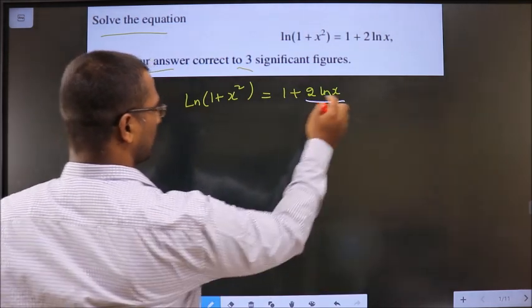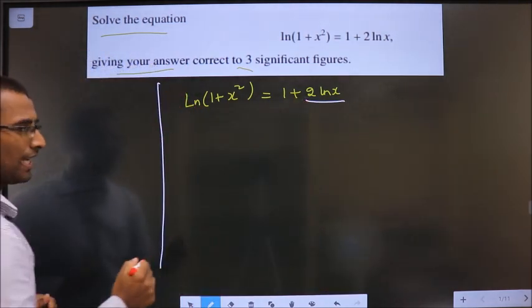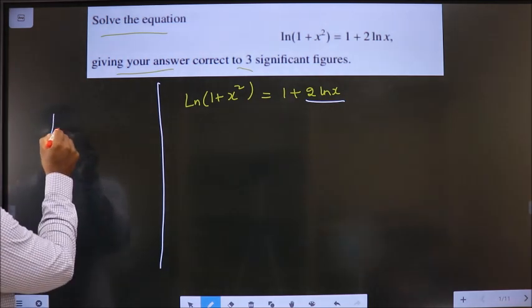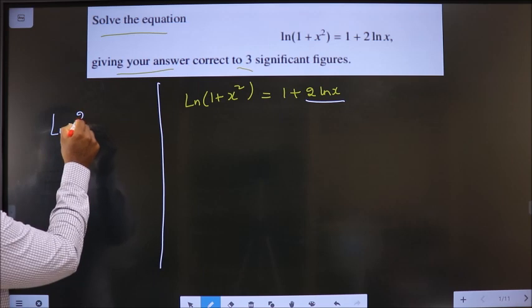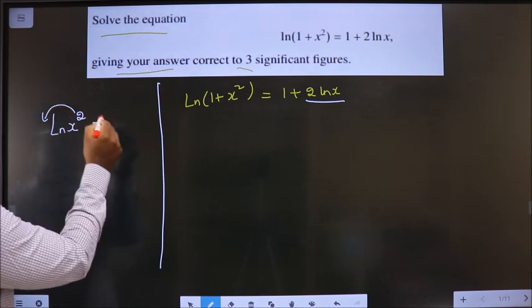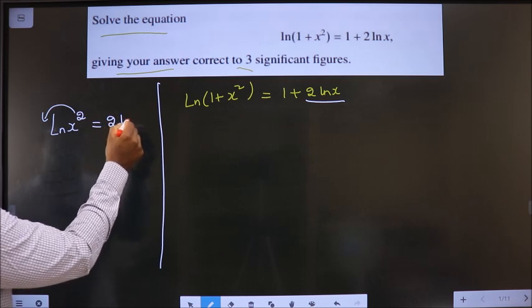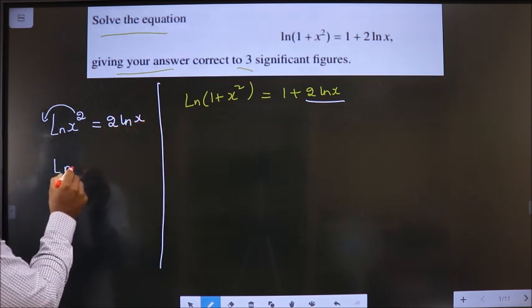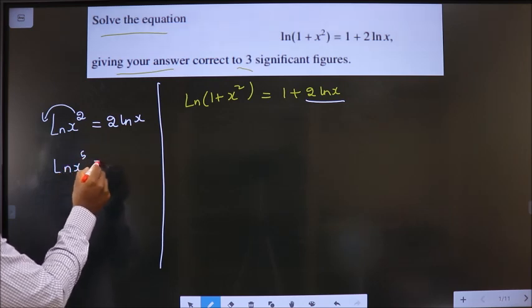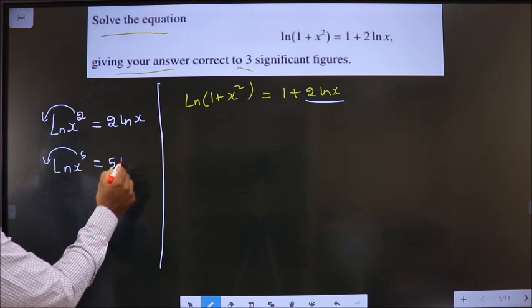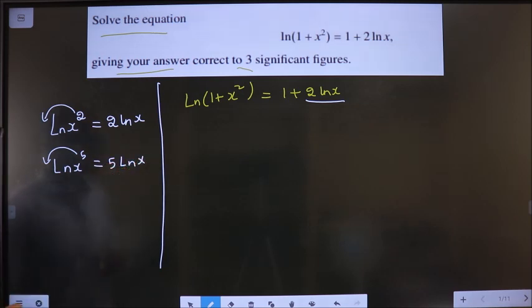Whenever you see this, we have a property of logarithm: let us say ln of x², x has got a power, this can come before the logarithm, so 2 ln x. Another example, ln of x⁵, this 5 will come before ln, resulting in 5 ln x.